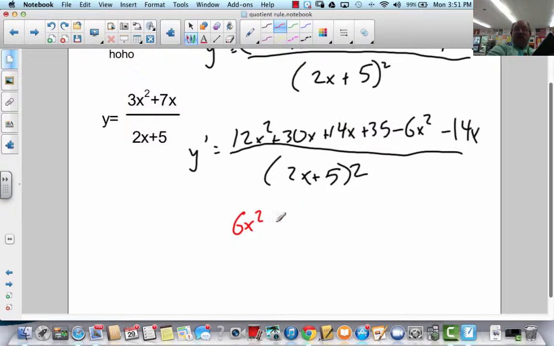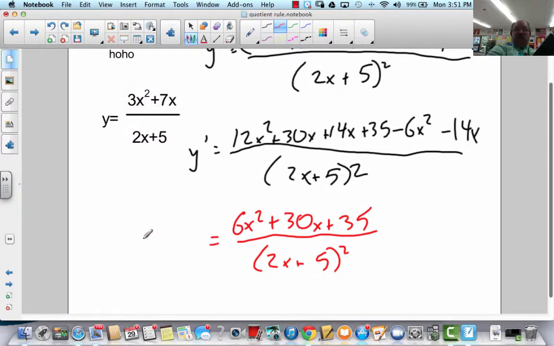So that probably leaves me at just 30x. And then I've got plus 35, all over 2x plus 5 quantity squared. And that is a perfectly delightful way to write the derivative, y prime or dy dx.